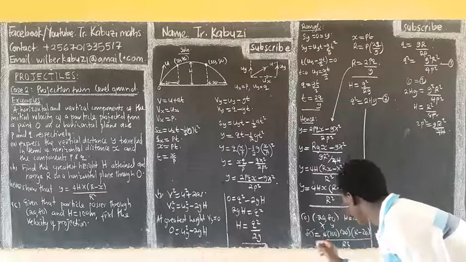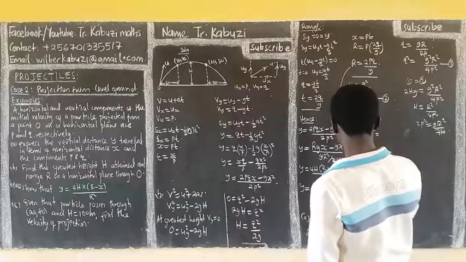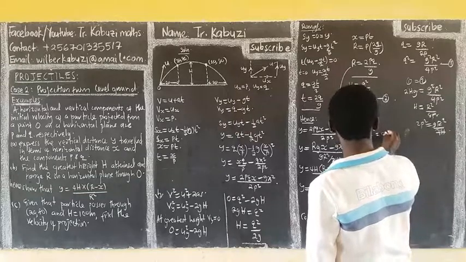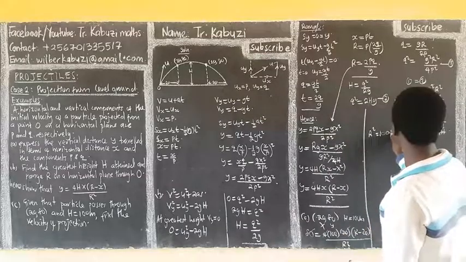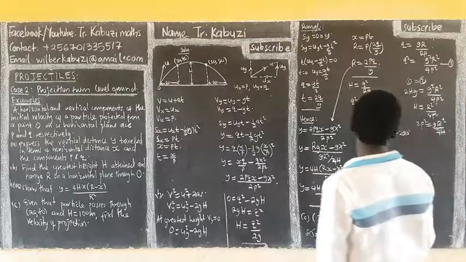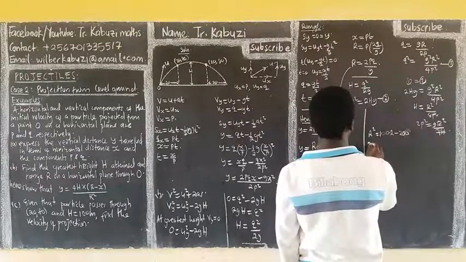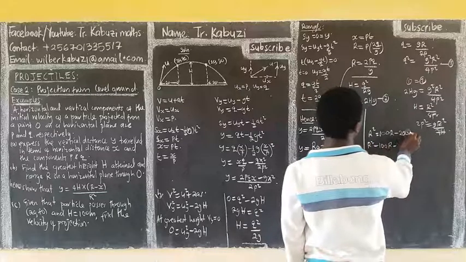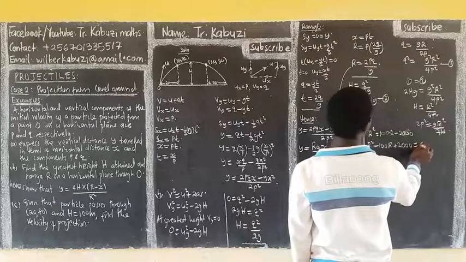So my r squared will be equal to 100r when you open the brackets, then minus 2000, which when we solve gives r squared minus 100r plus 2000 equaling 0.